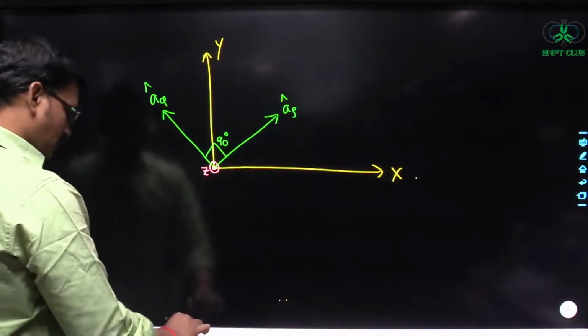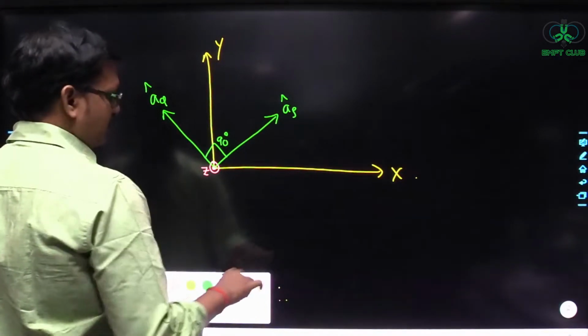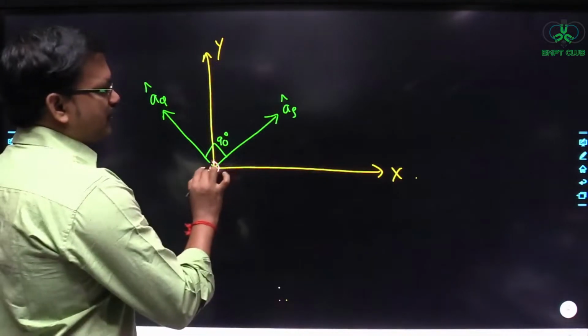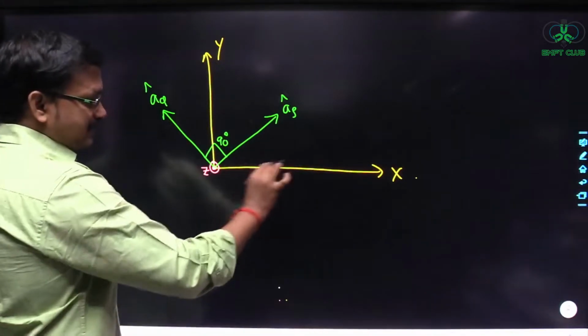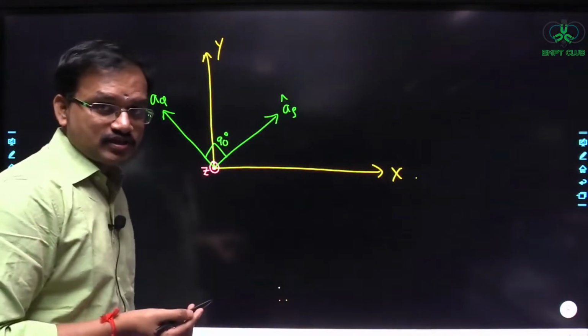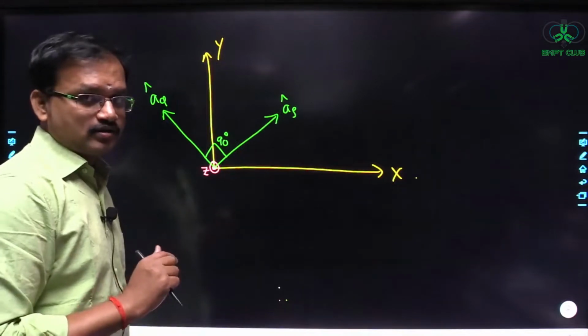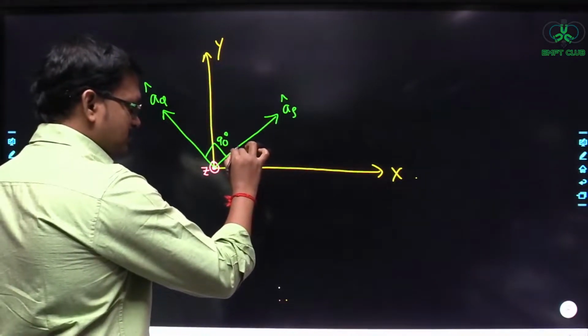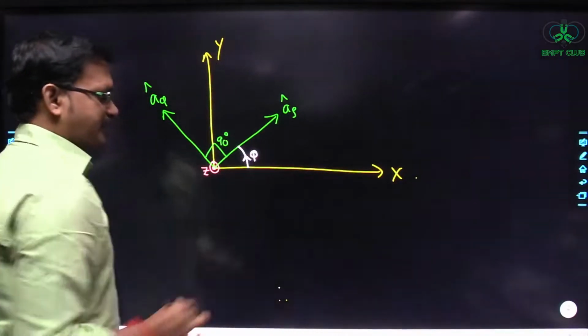Okay, so now see here. We know the angle between aero cap and the x axis. The angle between the x axis and rho is nothing but what? Phi or not? Yes or no? So this angle is nothing but phi. Right.